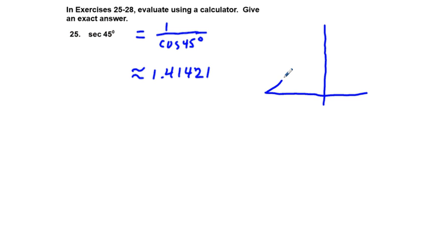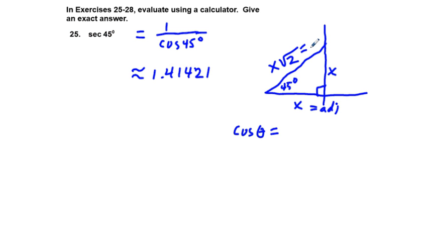If we draw a 45-degree right triangle, which is right here, and we have the sides x, x, and x square root of 2, our cosine theta equals our adjacent, in this case x, over our hypotenuse.